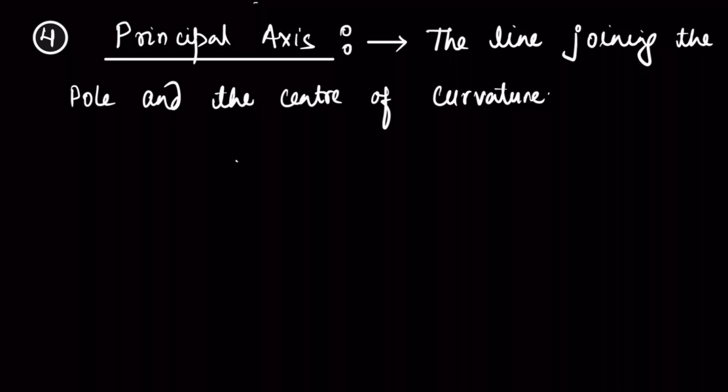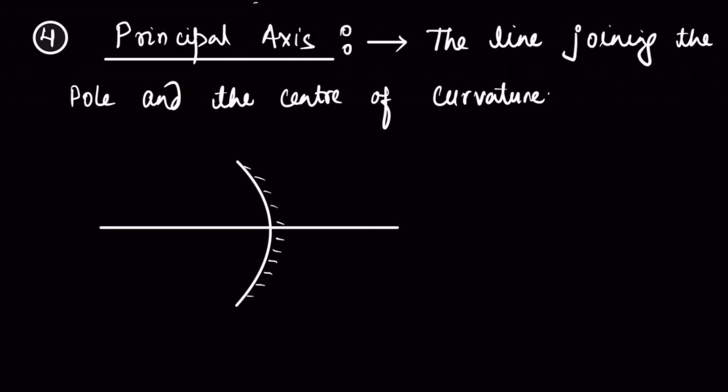So here, this is our concave mirror, and here is the pole. This is the center of curvature. The line that you notice here joins the center of curvature and the pole.